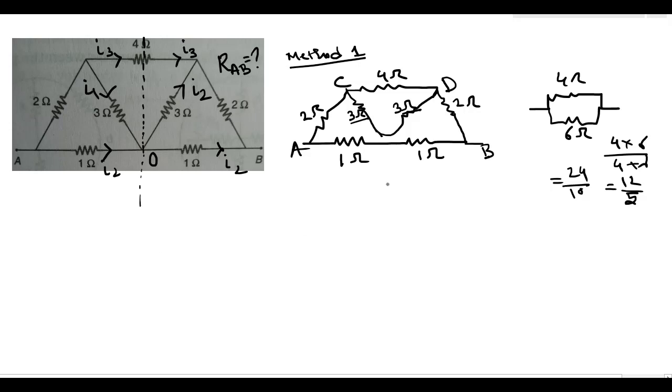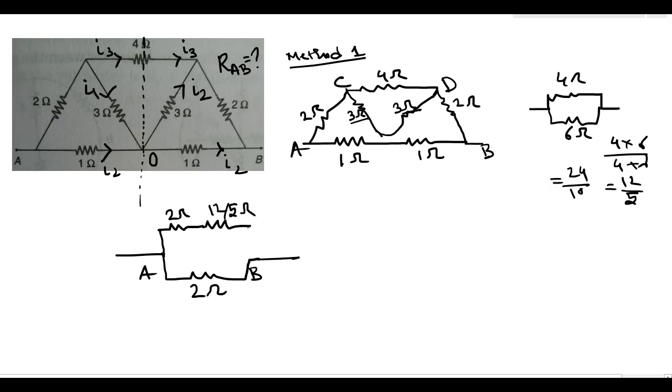Now these 1 ohm and 1 ohm are in series, so the equivalent of these is 2 ohm. So if we draw the diagram here, there is 1 plus 1, 2 ohm resistance between A and B, and another 2 ohm plus 12 by 5 ohm and plus 2 ohm, and these are all connected to B. So these 2 ohm plus 2 ohm and 12 by 5 ohm are in series.